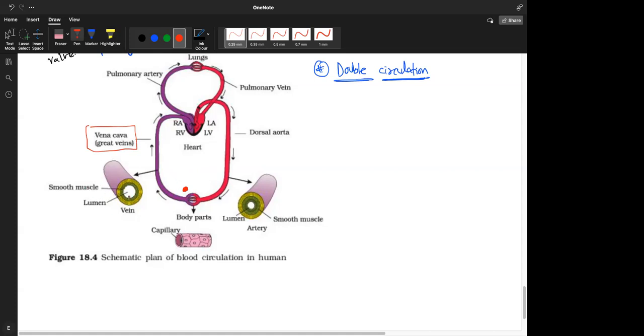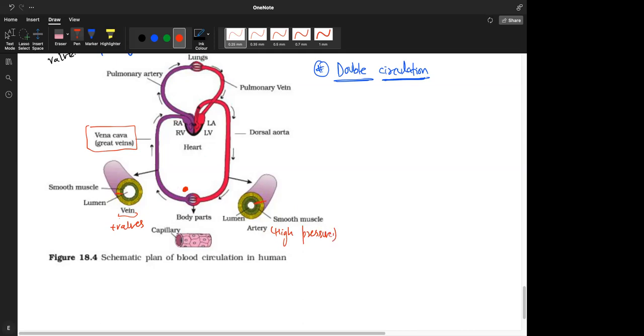And veins have a thicker lumen. Can you see, veins have thicker lumen, and veins also have valves. Arteries have a thinner lumen because they have a thicker wall. Veins have a thin wall because the pressure is low. Here the pressure is high. So in arteries, no valves but a high pressure. This you already know.